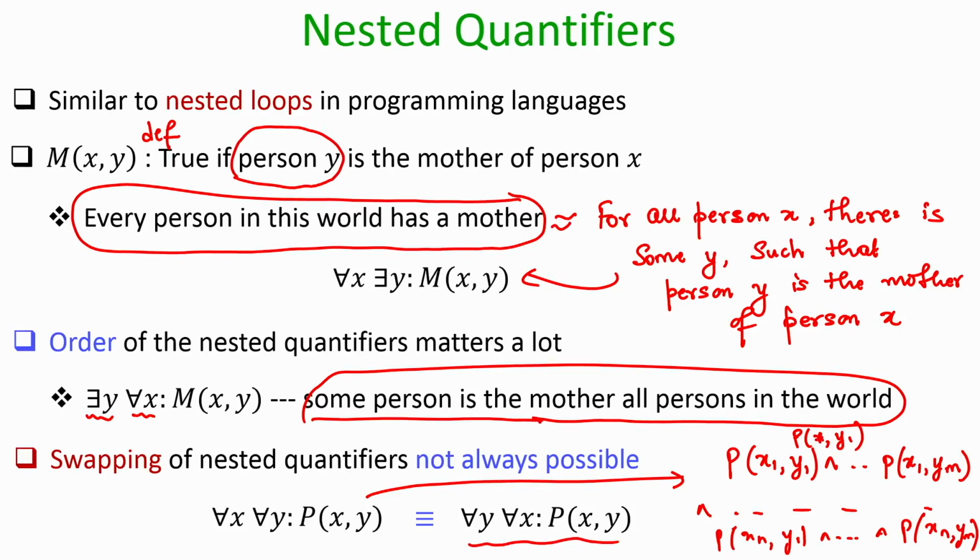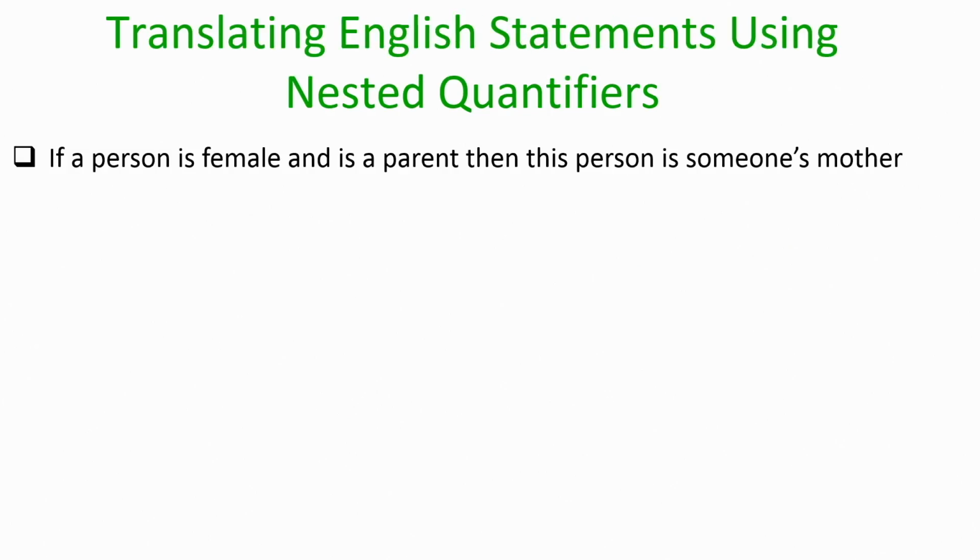This shuffling around is possible because everywhere AND is appearing and it satisfies the associative law. But if you have an expression with quantifications of different forms, then this kind of swapping may not be possible. The logical interpretations might be completely different.